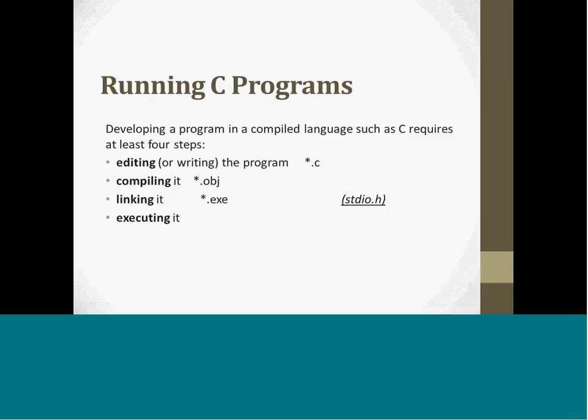Even the most basic program will require the library. That's why we link, and after linking it will generate the executable file that you need to run. In most cases, to run the program you just type the name of the executable file.